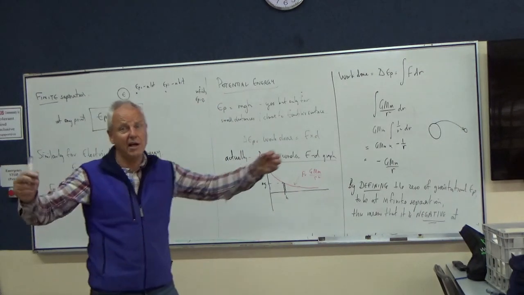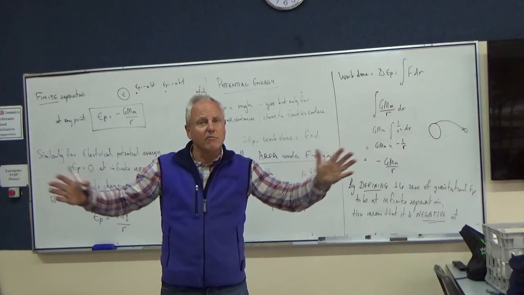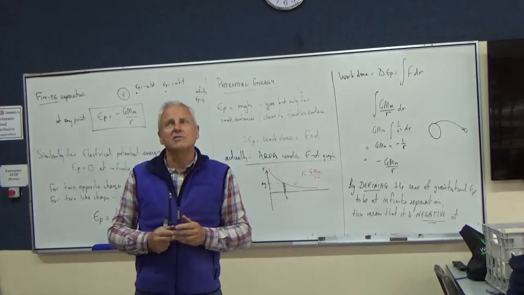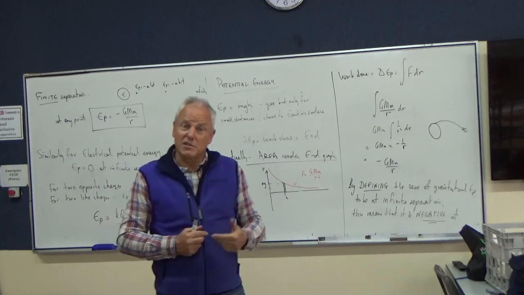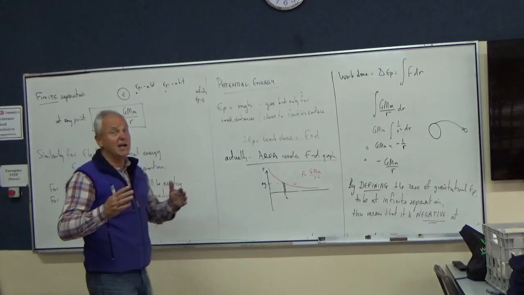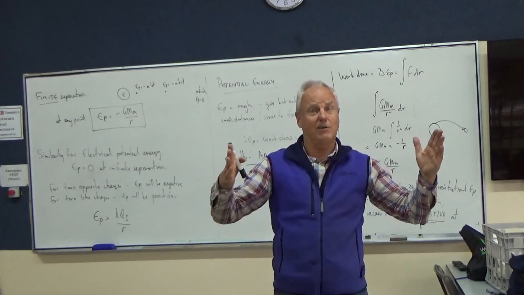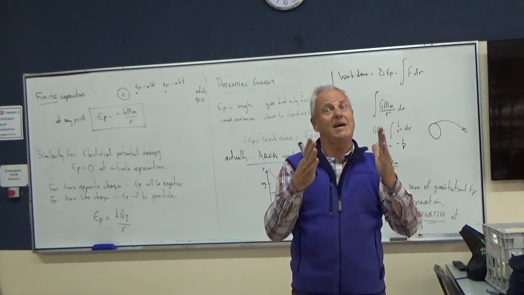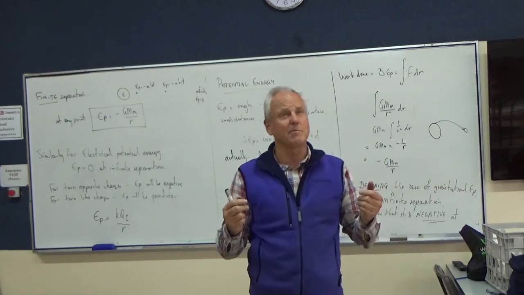If you've got two opposite charges, 0 at infinite separation, they'll fall together and lose potential energy, so the potential energy will be negative. But if I've got two charges the same, out at infinite separation, I've got to do work to bring them together, so their potential energy will be positive at any finite separation.